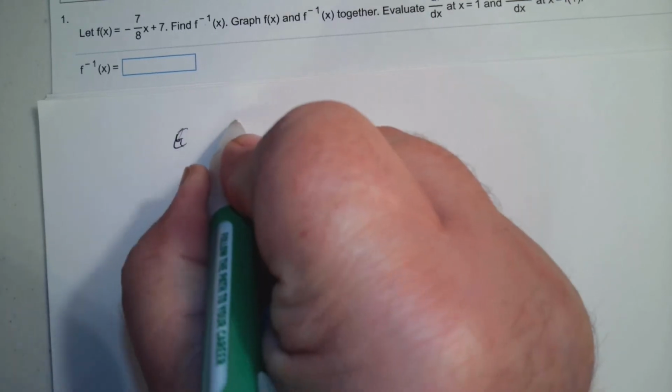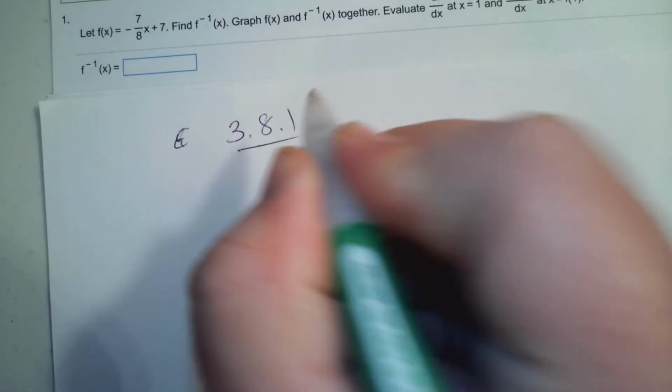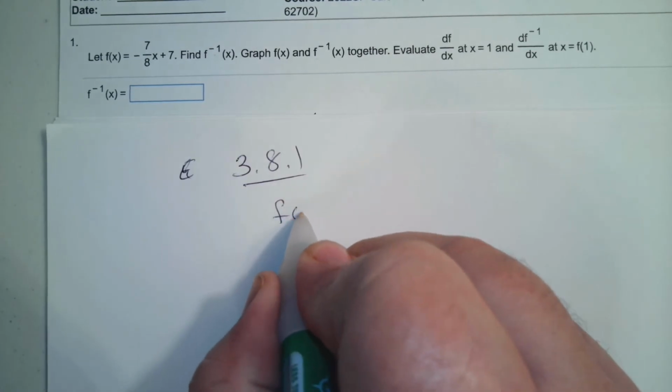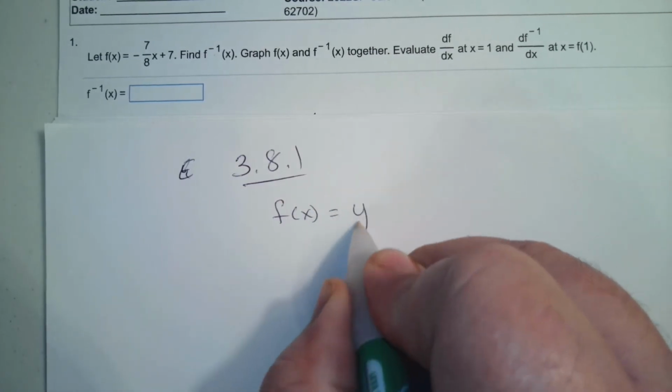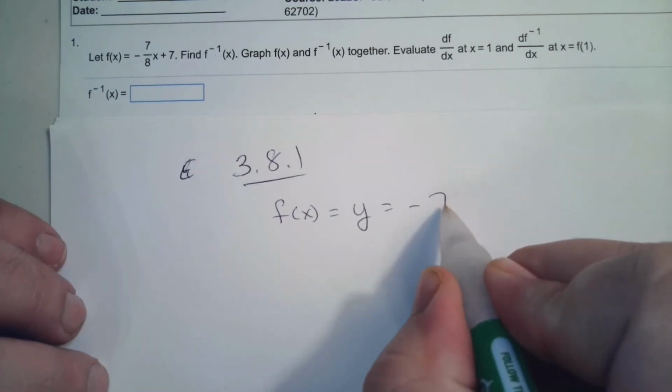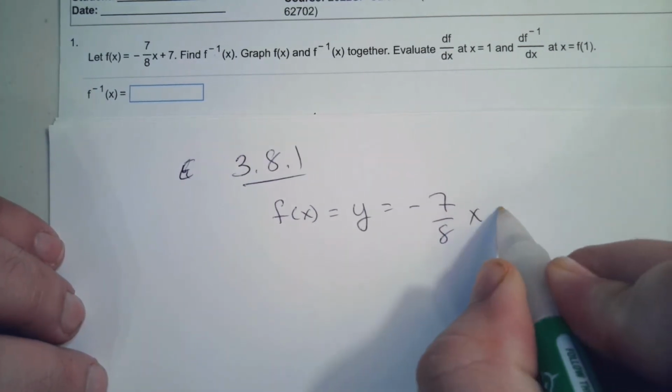Number 3.8.1. That's the same thing as y equals negative 7 over 8 x plus 7.